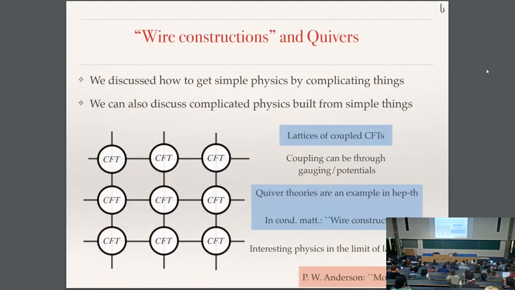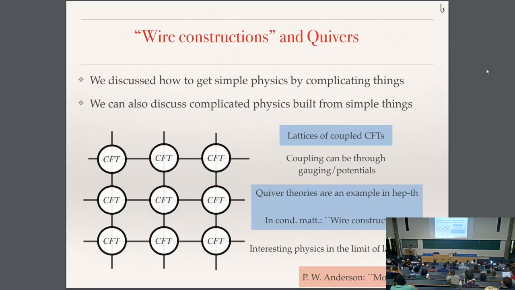And I will finish with 2 slides on how this program can go further. The whole idea of what we have discussed is to start with complicated physics and somehow try to understand the simpler facts about the physics. But we can try to do things the other way around, okay? We can try to build complicated theories starting from simple ones.